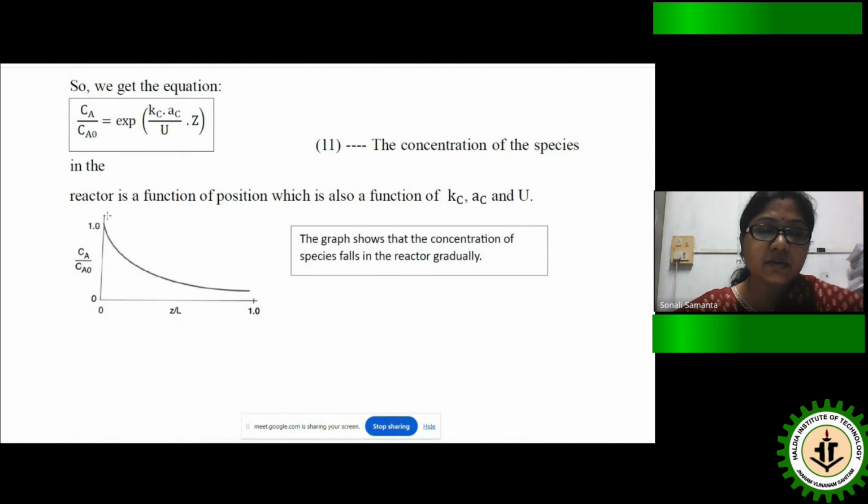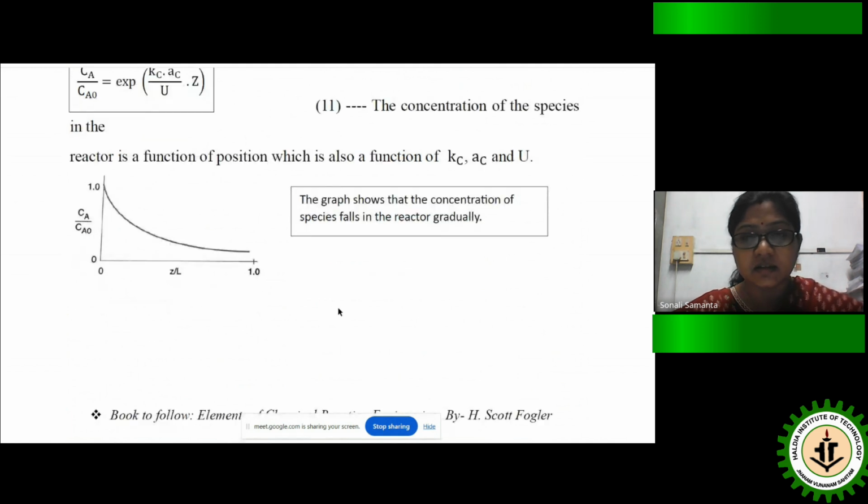Up to this point, what we learned is that as the reactant passes from length 0 to L, the concentration of A decreases as A is consumed and converted to the products C and D. So the concentration gradually decreases along the length.